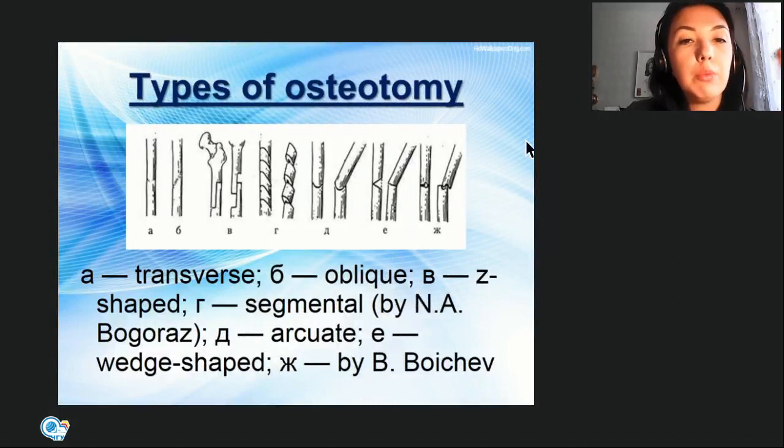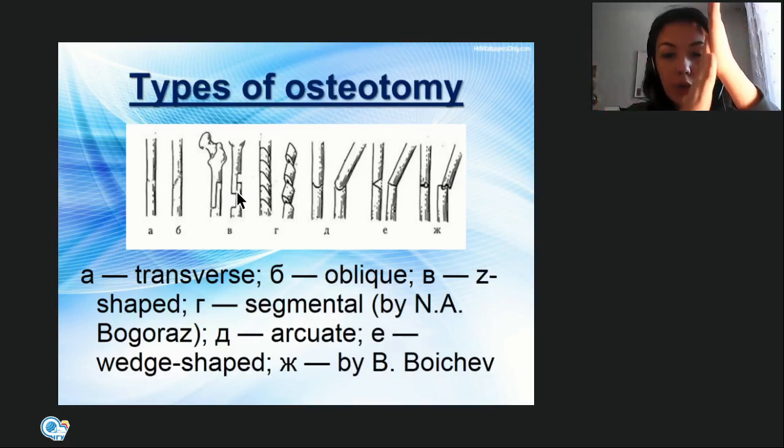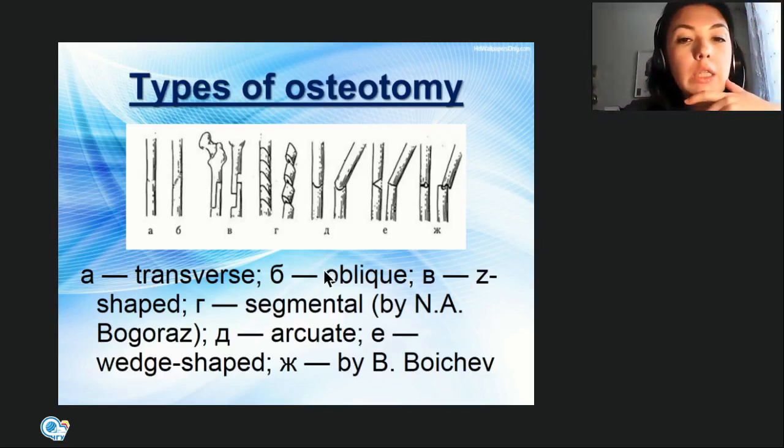So there are different types of osteotomy. Transverse, here you can see it, then oblique, depending on the direction of dissection of the bone. Z-shaped osteotomy can help us to elongate the bone, to increase the length of the bone. Segmental osteotomy by the great Russian surgeon Bogaraz.